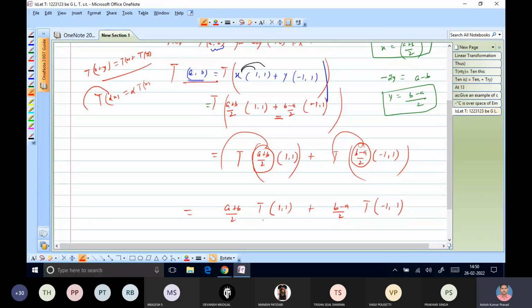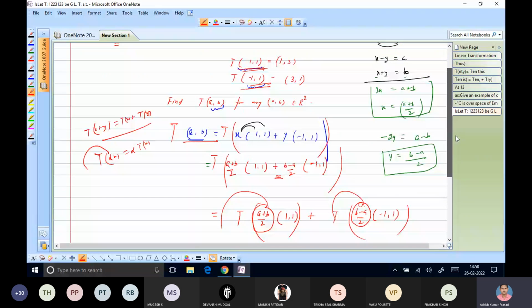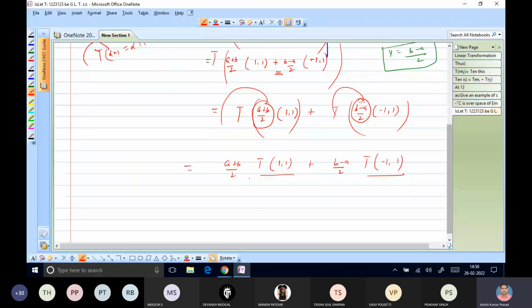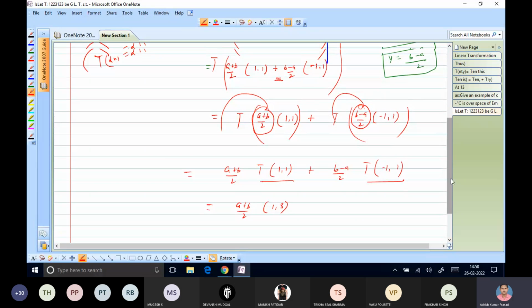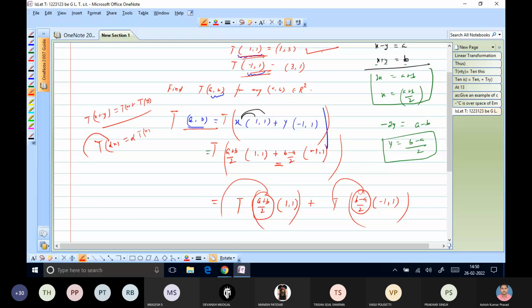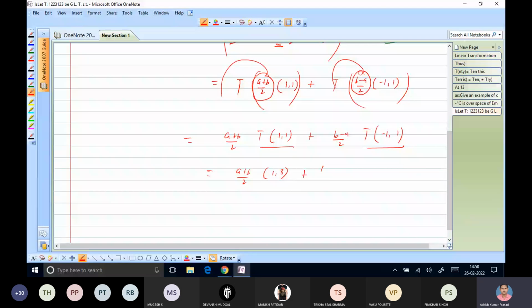Now see, these two quantities are given in the question. So you write a plus b by 2, T image of (1,1) is given as (1,3), and T image of (minus 1,1) is (3,1). So I will write plus b minus a by 2 into (3,1). Fine, now I can get all the things easily.